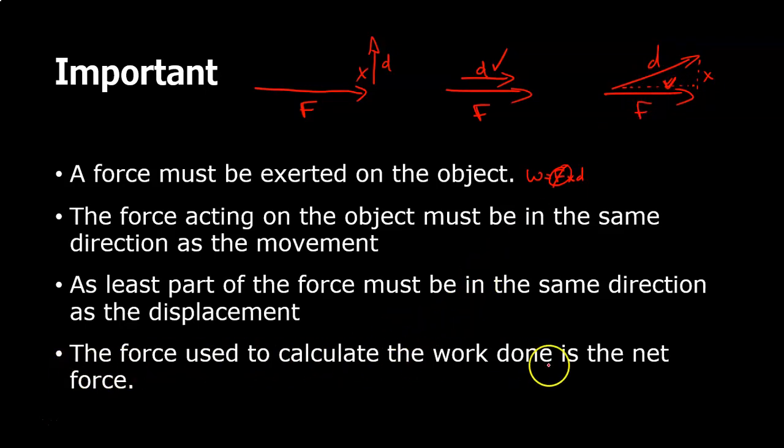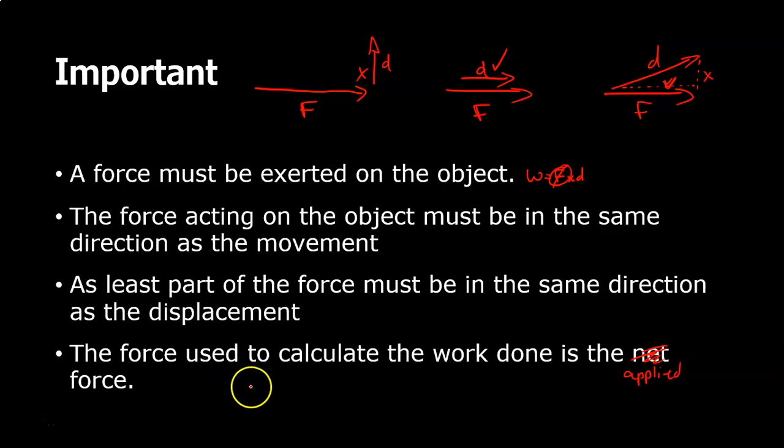Now, the force used to calculate the work done should not say net force. It's actually the applied force. That is the actual work done. There could be other forces acting on it that are also doing work, but the force that we use to calculate is the one that we're applying.